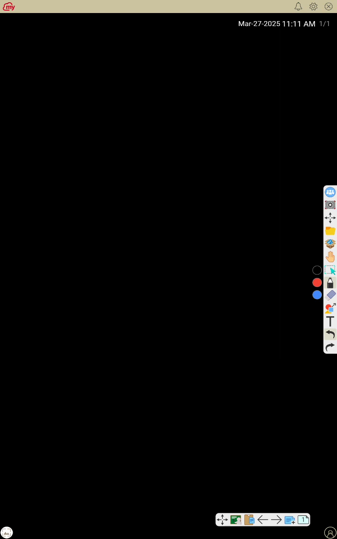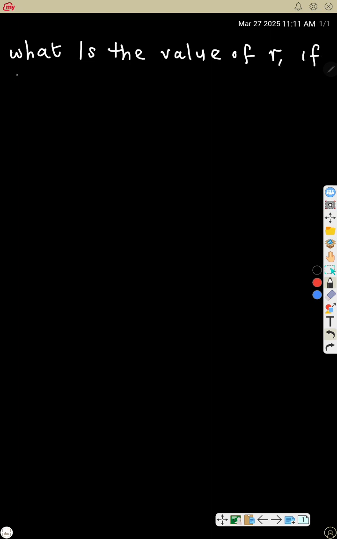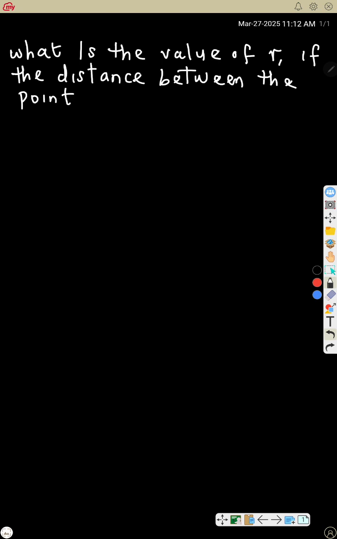So let's say we have, what is the value of r if the distance between the points (4, 2) and (1, r) is 3 units?